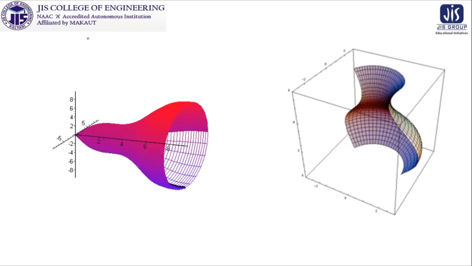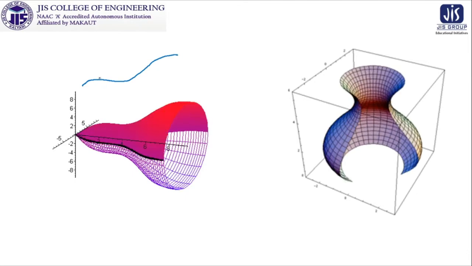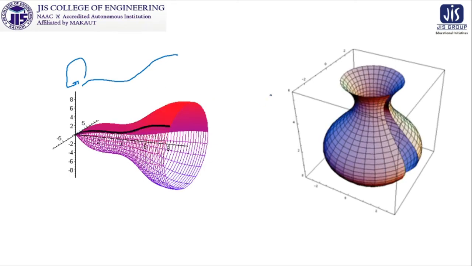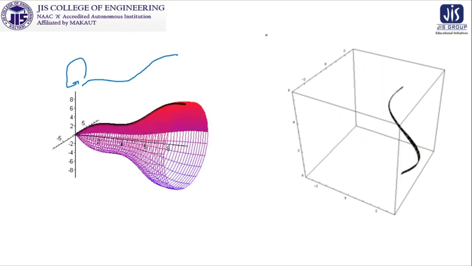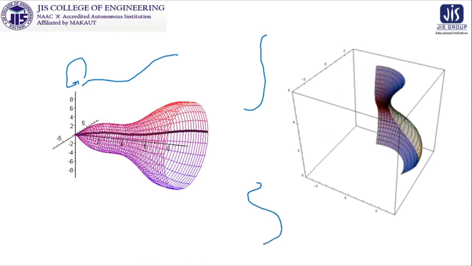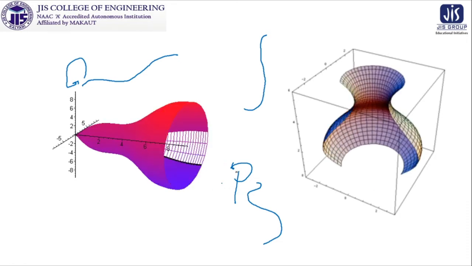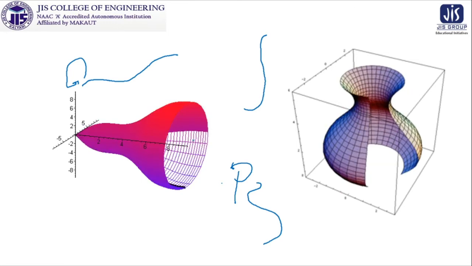So here our curve is something like that, which is rotating in this way, and here our curve is something like this, or basically more steep, and this is rotating with respect to this axis, and then you are seeing these two figures are generated, for which we have to find the area.